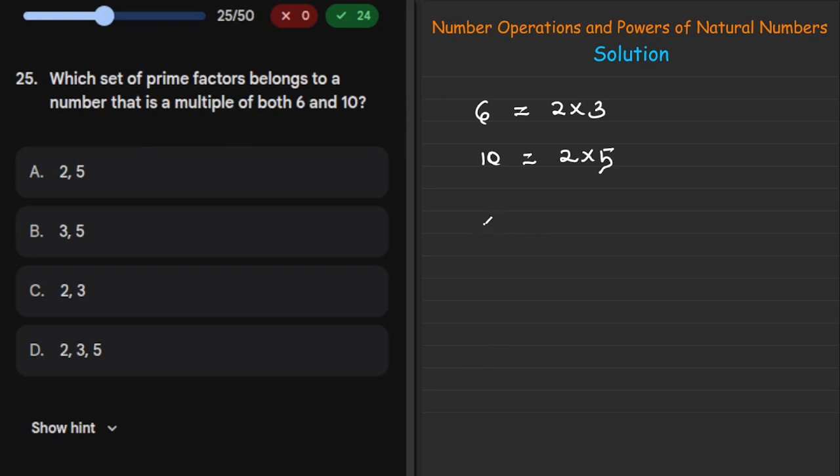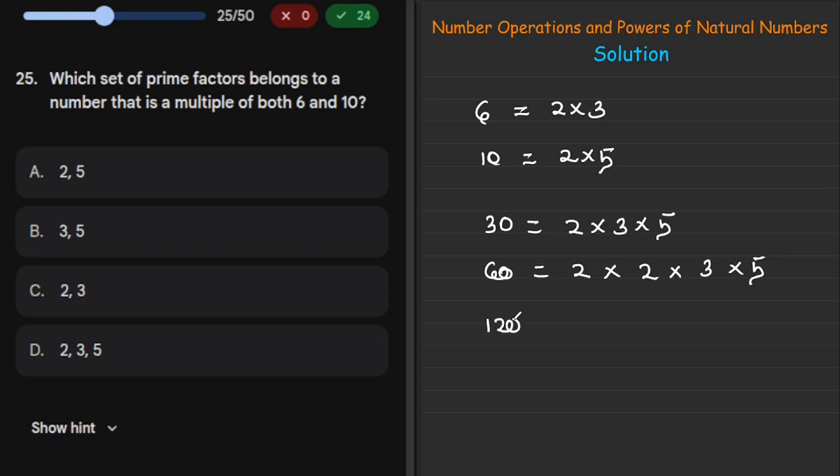Now, if we actually wanted numbers that are multiples of both 6 and 10, we would have 30. And if we have 30, we can rewrite 30 as 2 times a 3 times a 5. If we had 60, 60 would then be written as a 2 times a 2 times what? 3, and then 5. Do you see any pattern?